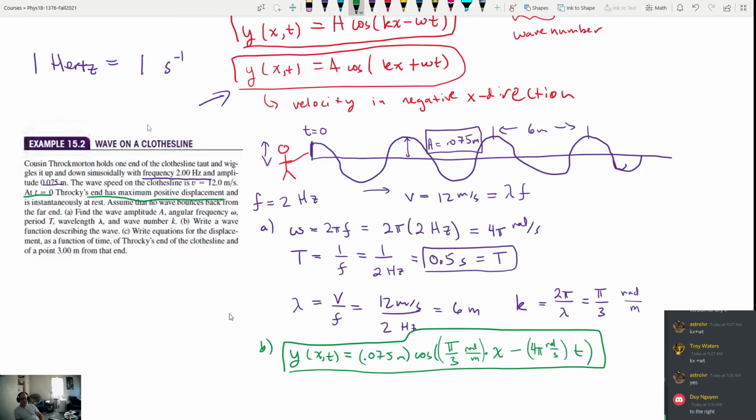Anyone have any questions? By the way, this is the y direction. This is the x direction.